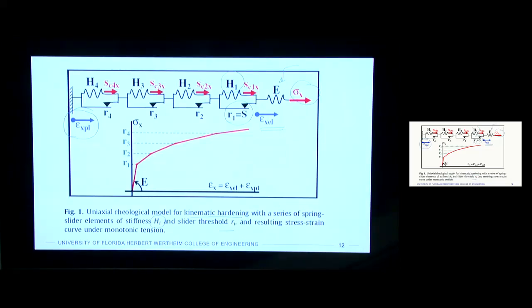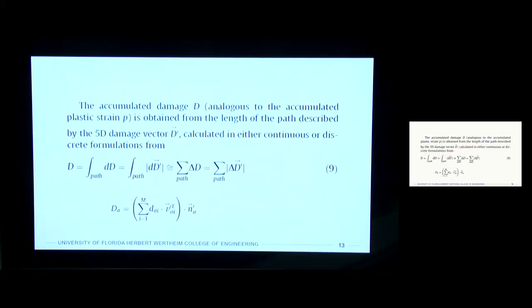And so that's how they add up the damage in this model, where the total strain is just the sum of the elastic strain and the plastic strain, and that's why these elements are all in series. So that's a conceptual model for what they're putting together.